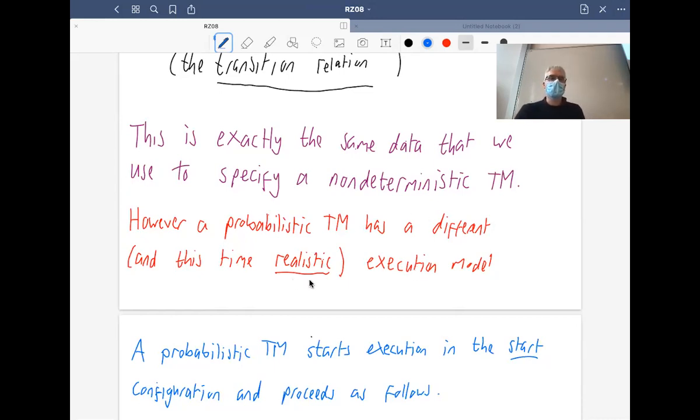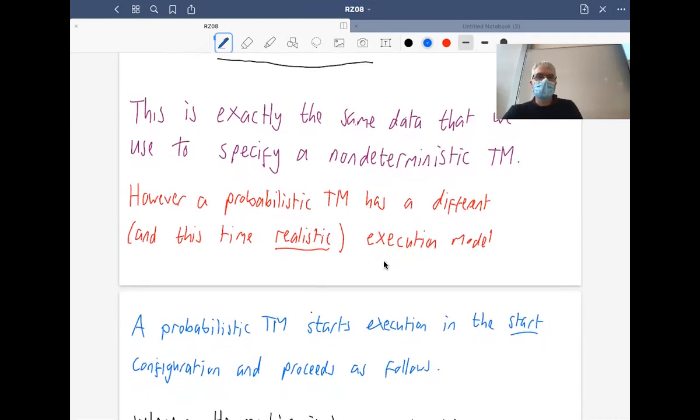And the important thing is that this is a realistic model of computation, because one can, in various ways in a computer, tap into sources of randomness, either using random number generators, or typically computers also make use of a bit of randomness from the environment in some way.